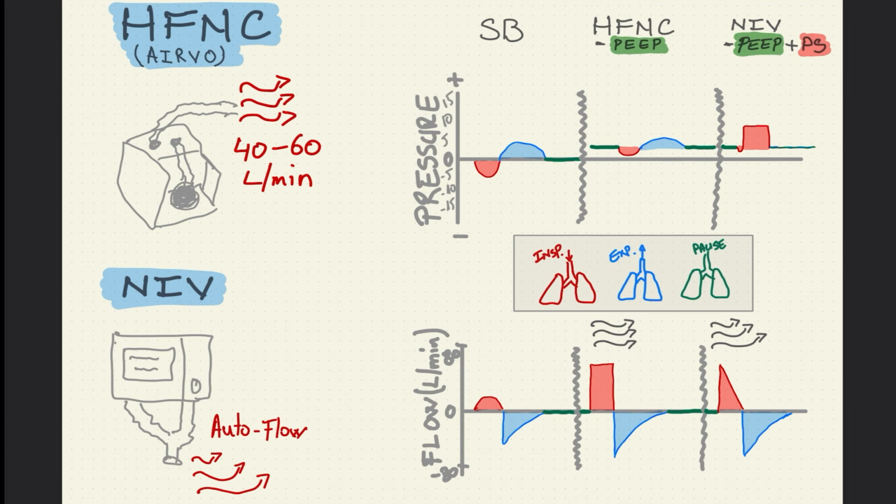Notice the pattern of the flow which is being administered by the ventilator during inspiration. The flow is initially increased, but then it decreases as the patient's lungs are being filled up with air, and is adjusted in order to maintain the same set amount of pressure for the set amount of time.